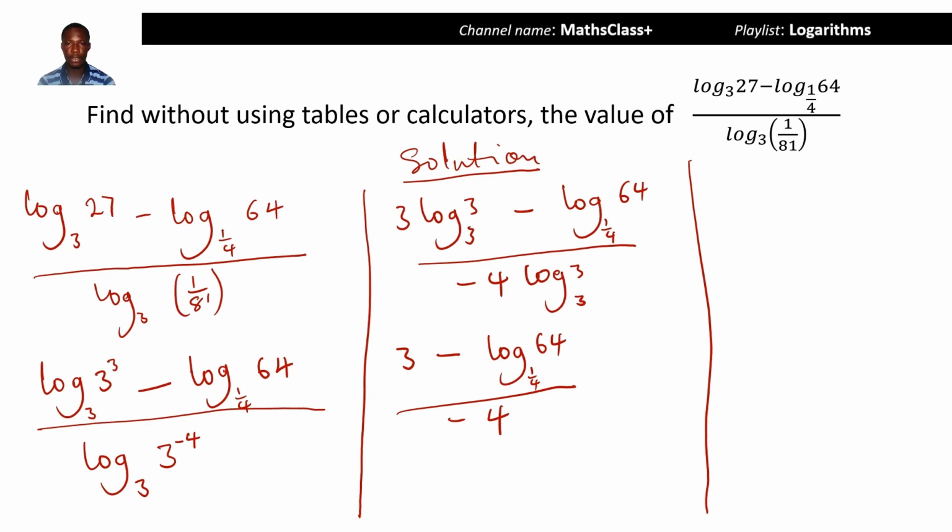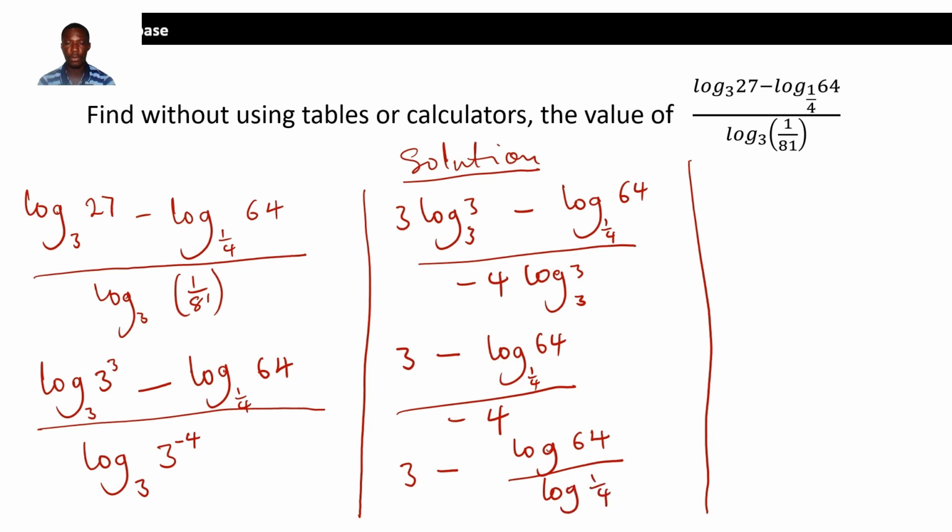And that I'm going to write 3 minus, okay, so I'm going to have it as log 64 divided by log 1 over 4, and then all divided by negative 4.